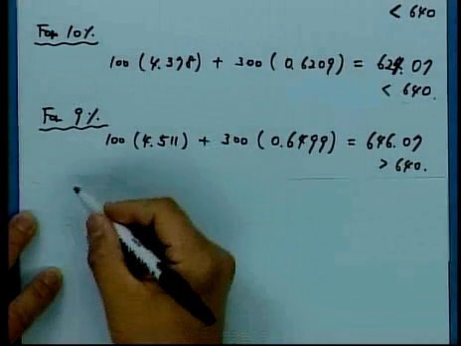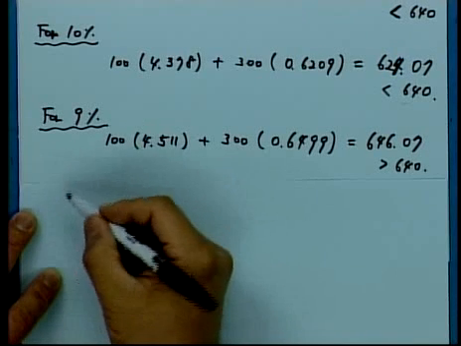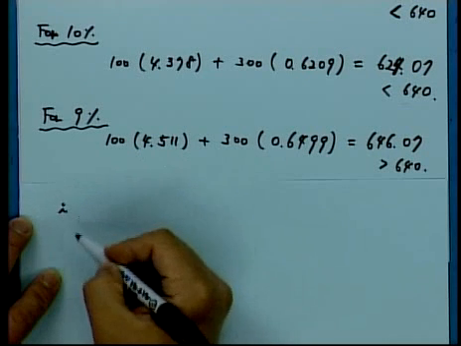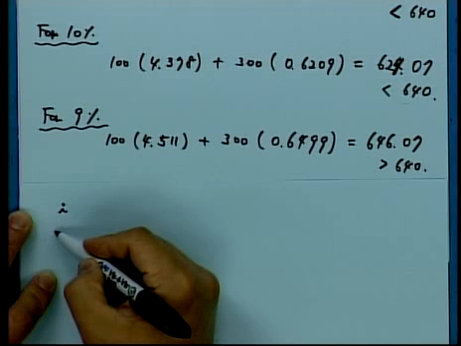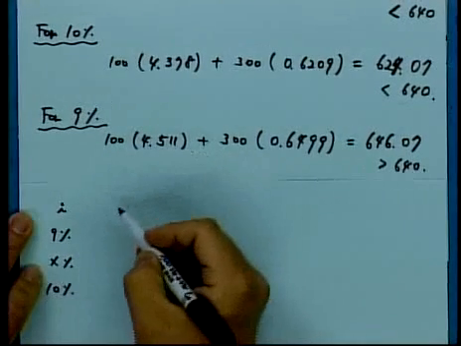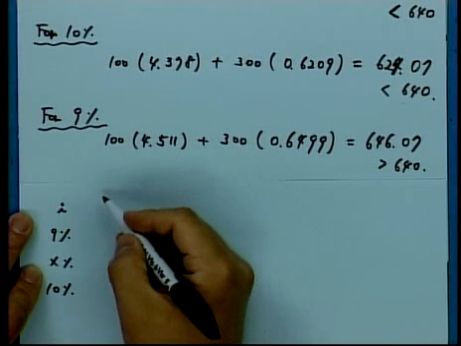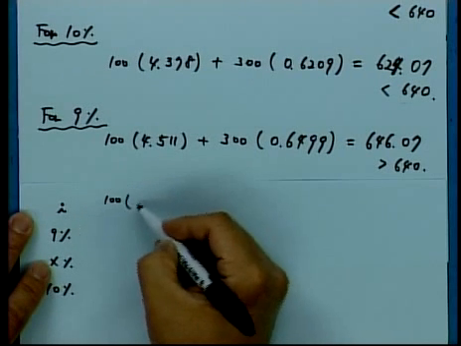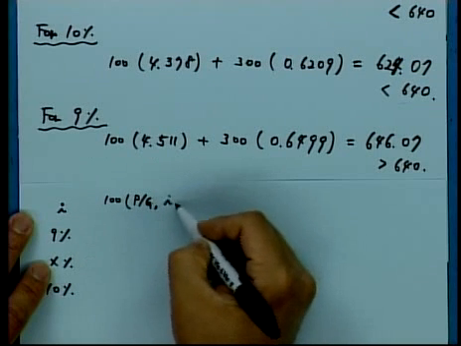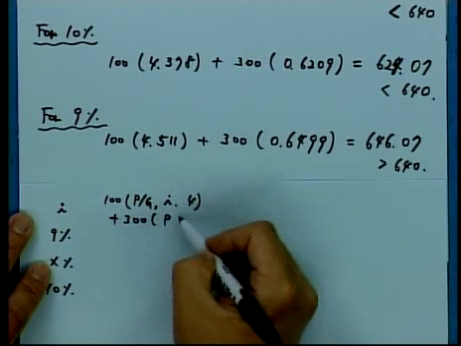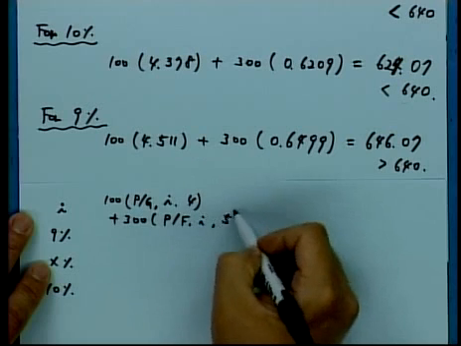So let's have a table. That is the rate of return value, and 9%, X%, 10%, and here 100 times P given G, I over 4 periods, plus 300 times P given F, I over 5 periods.